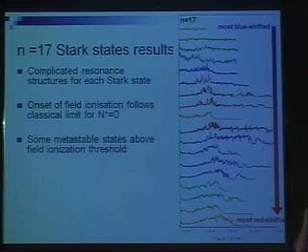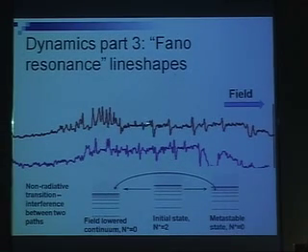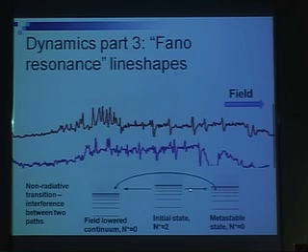Okay, so that's a very complicated story. And just to illustrate more of the complications, I pointed out that these profiles show these sort of Fano line shapes. This is actually due to coupling between levels at level crossings between metastable states, which are above the continuum for field ionization.